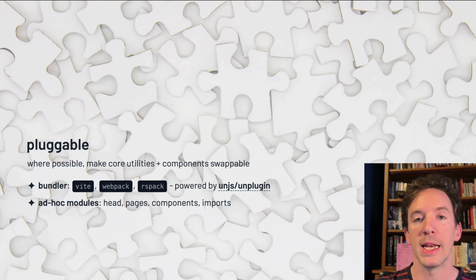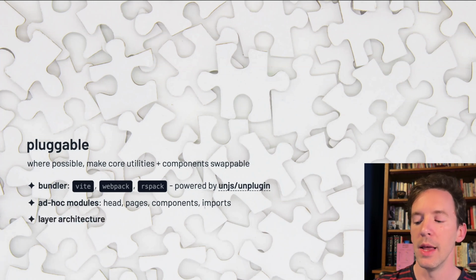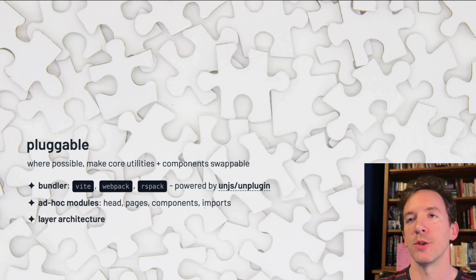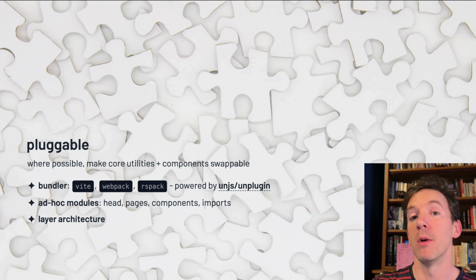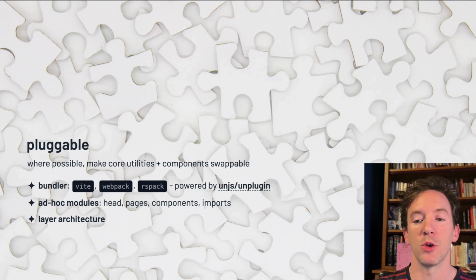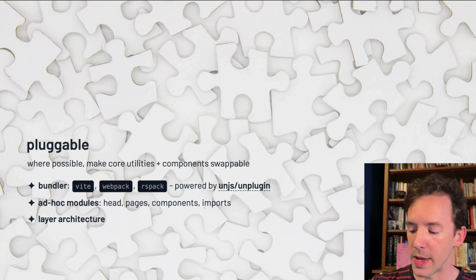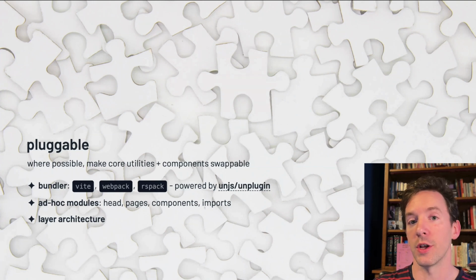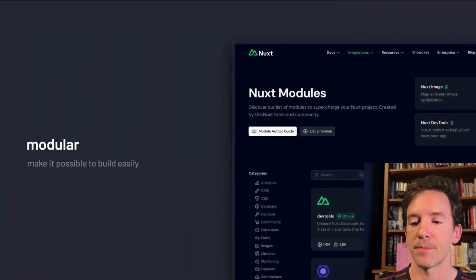You can disable them completely if you need to. And we have a layer architecture, which allows you to assemble multiple Nuxt projects into a final finished one. So you can more easily have a modular architecture in terms of your own code.